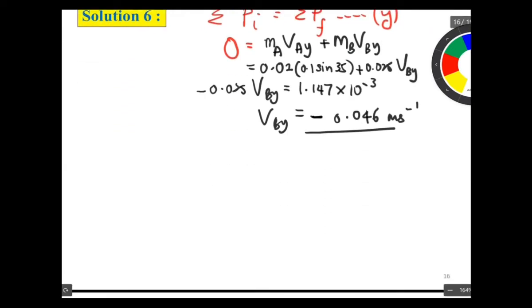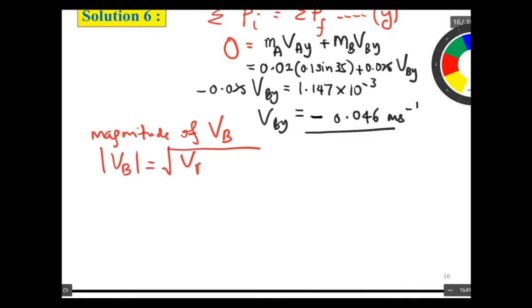So ingat lagi, chapter 1, find the magnitude. So kita cari magnitude of VB. So VB is equal to square root of VBX square plus VBY square. Okay. So substitute the value.